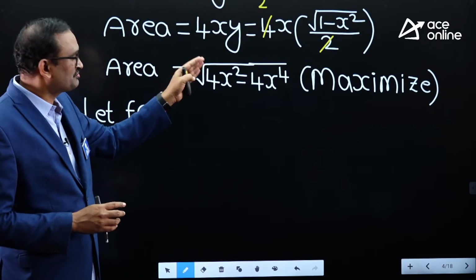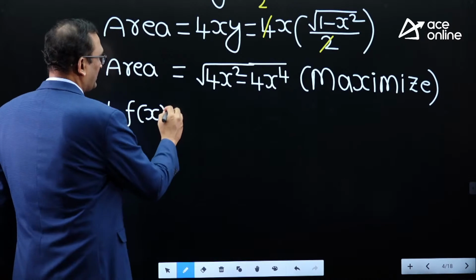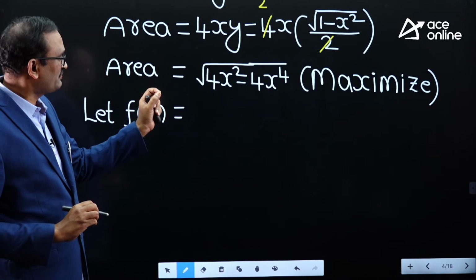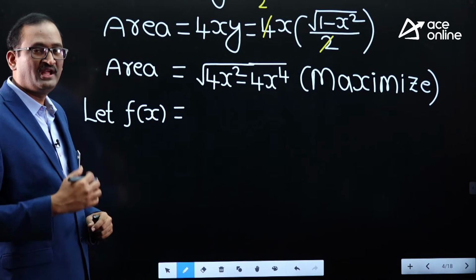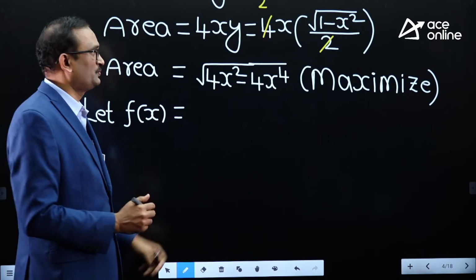But if it contains the square root, the calculation is somewhat lengthy. So to get the critical points, let the under root function, 4x square minus 4x to the power of 4, be f of x. Then there will be no change in the critical points.